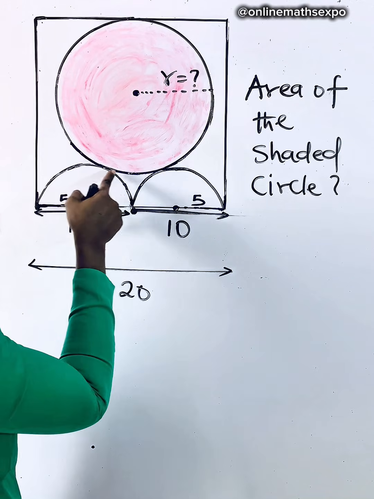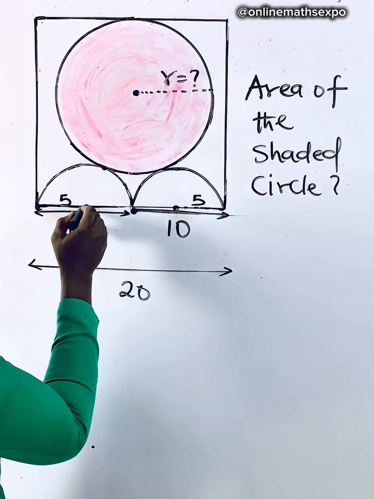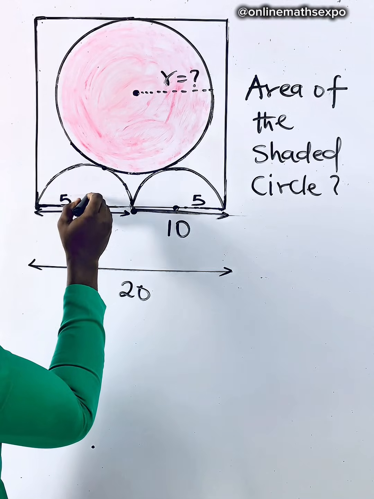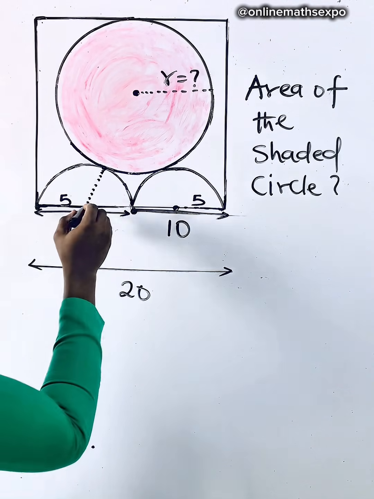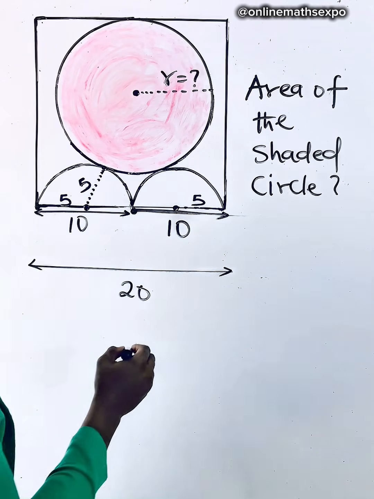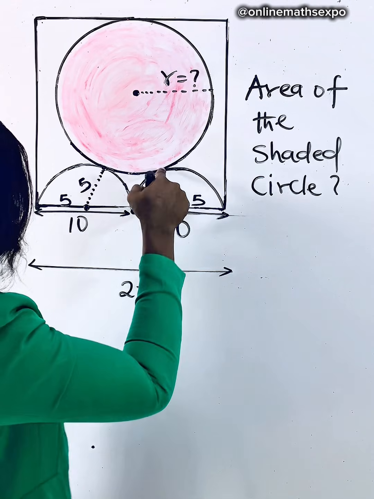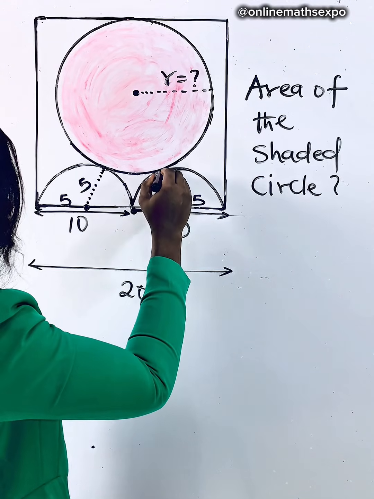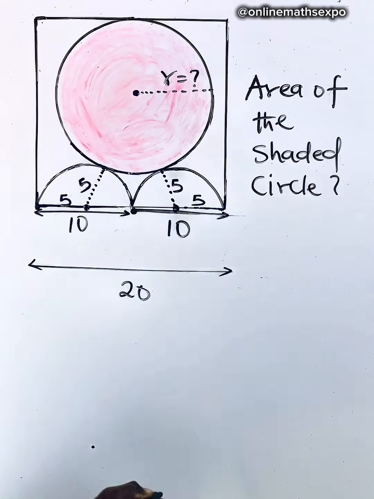You see that the circle and this half circle are touching each other at this point. So we're going to get a radius from here to touch that point of the half circle. And from here to here is also measuring 5 units. Going back to this, we can also generate from here to touch this part of the half circle. And this also measures 5 units.